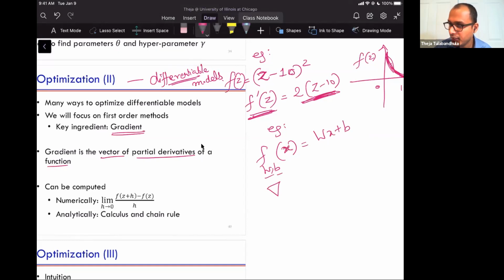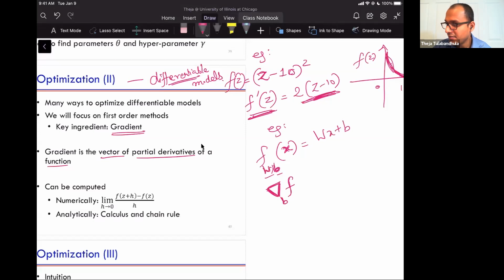Let's keep x fixed and talk about how this function varies when I change b or w, the rate of change of the function with respect to b and w. The gradient of this function is denoted by this inverted triangle symbol. It's a shorthand to say the gradient of this function f with respect to some parameter. So let me pick the parameter b.